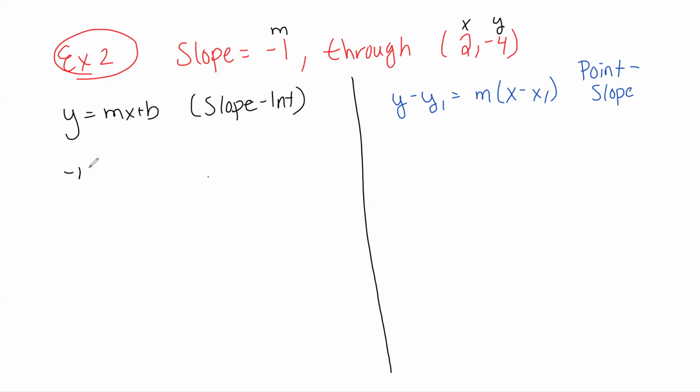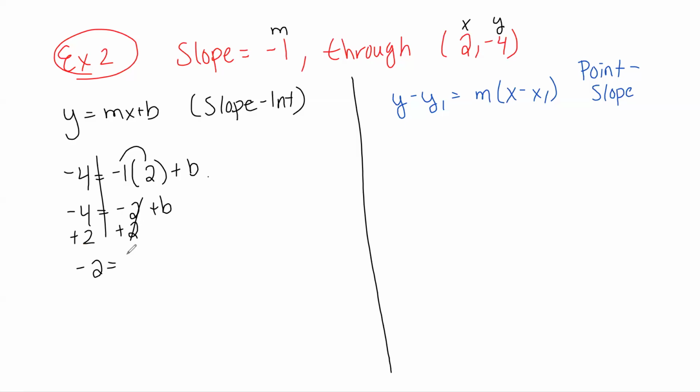So this would be -4 equals -1 parenthesis 2. Again, don't write it like that because it looks like -12 plus b. Solve for b. So this is -4 equals -2 plus b. Adding 2, -2 is b. So our final answer, y equals mx plus b.